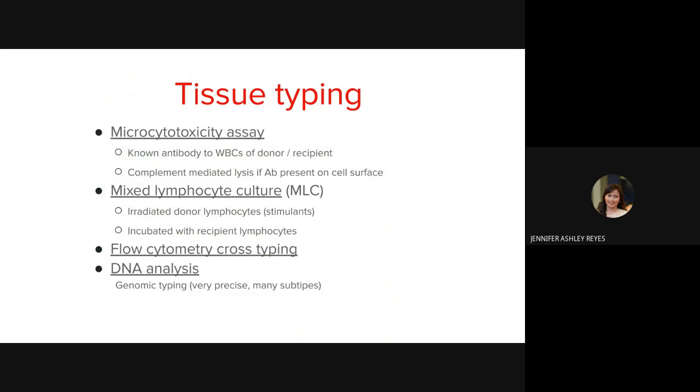So collectively, these are termed as tissue typing. So the choice na lang depends on what type of organ or tissue in question and the time available for us to tissue types. So we have molecular assays that will be using sequence-specific primers to establish HLA alleles as expressed by the recipient and potential donors.